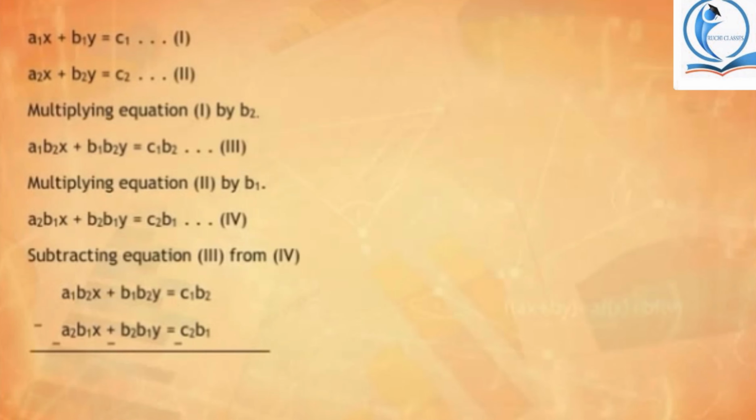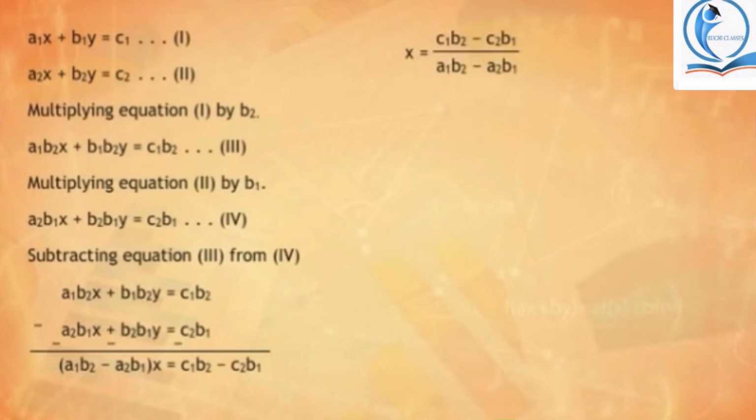After subtracting, we get (a1 b2 minus a2 b1) in brackets into x is equal to c1 b2 minus c2 b1. x is equal to (c1 b2 minus c2 b1) divided by (a1 b2 minus a2 b1).